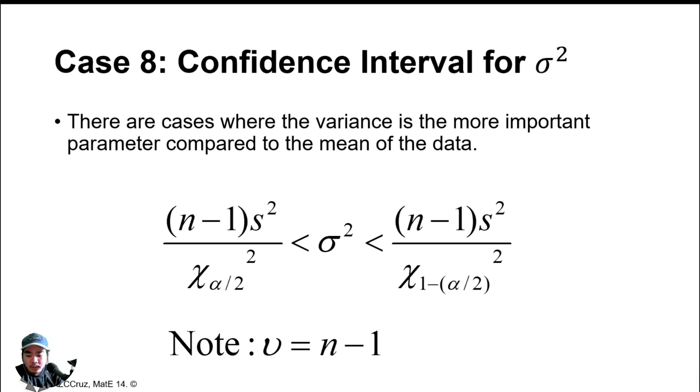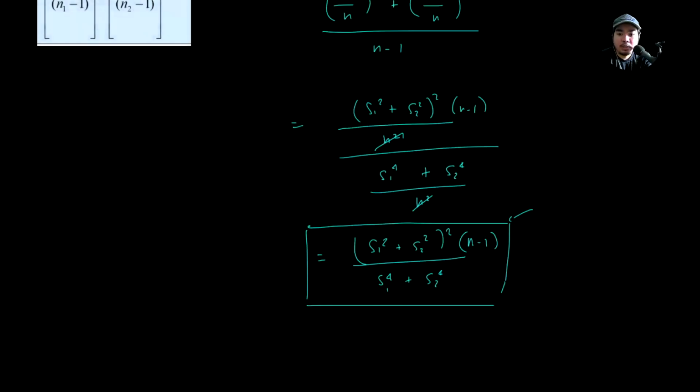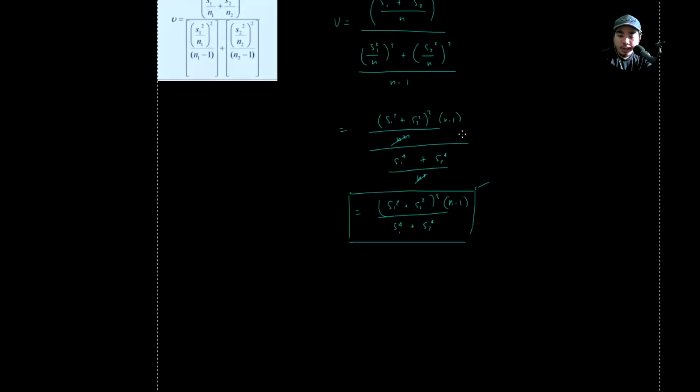Now, one thing we should note about the chi-square distribution, and I should probably show you, let me transfer my screen. So isang importanteng observation for your variances is that they don't follow a normal distribution, no? And hindi rin symmetric 'yung magiging distribution nila.